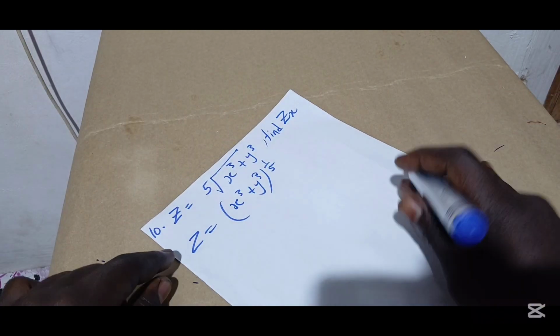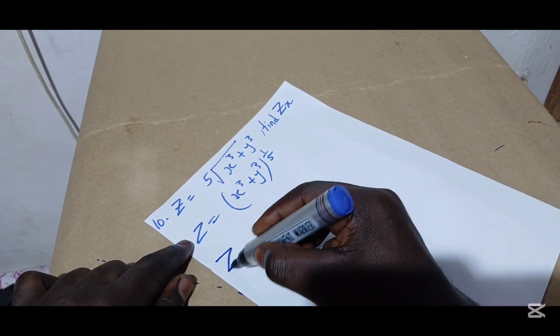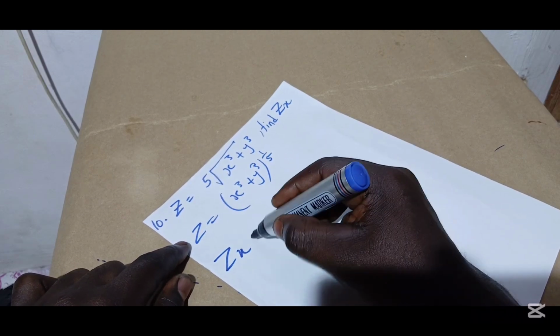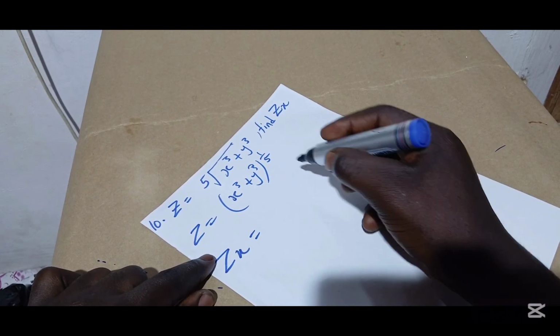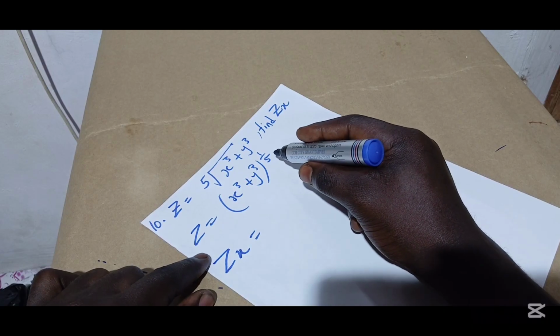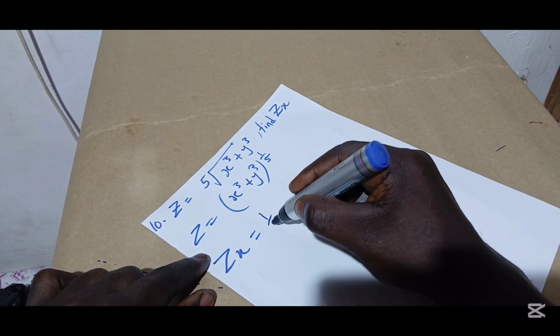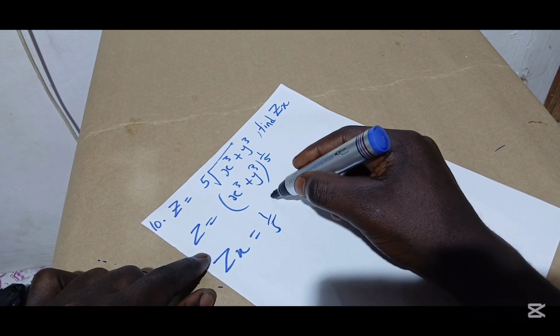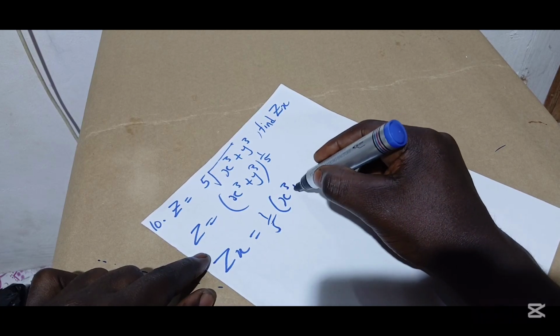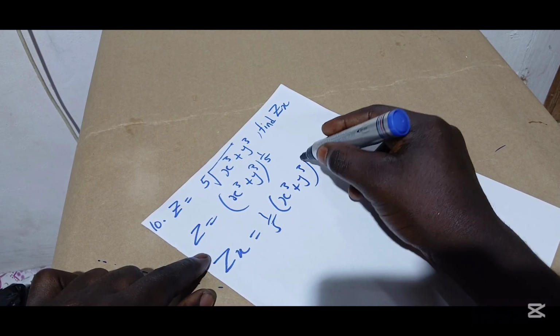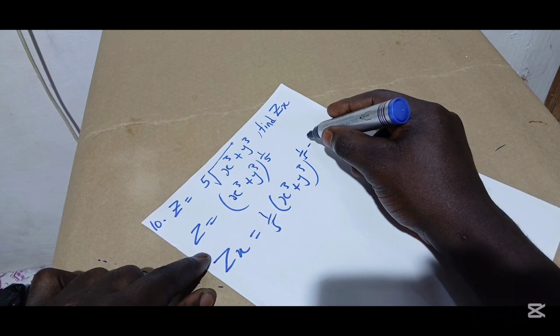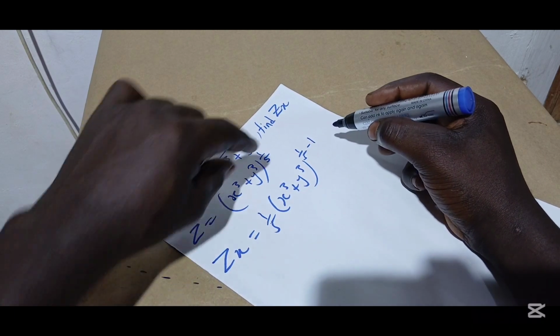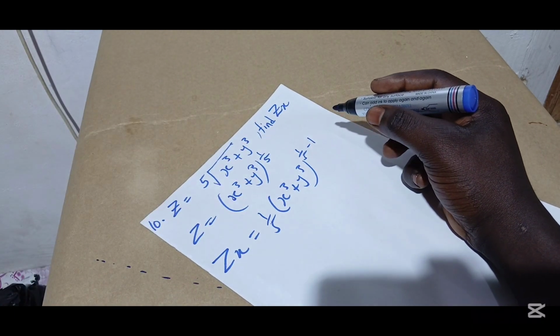So let's continue. We are differentiating with respect to x. So z of x, as usual, we are going to use the chain rule here, right? So 1 on 5, we bring the power here, multiply everything by it, and decrease the power by 1. And now we differentiate what is inside the bracket.